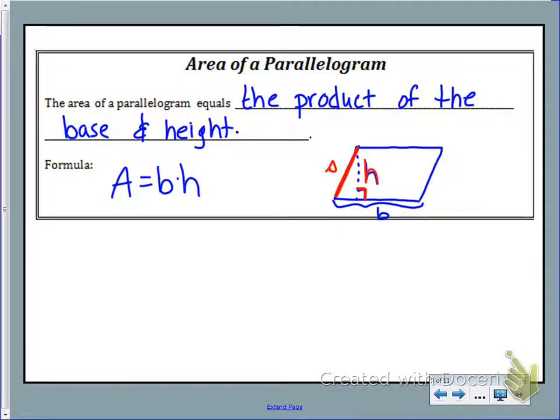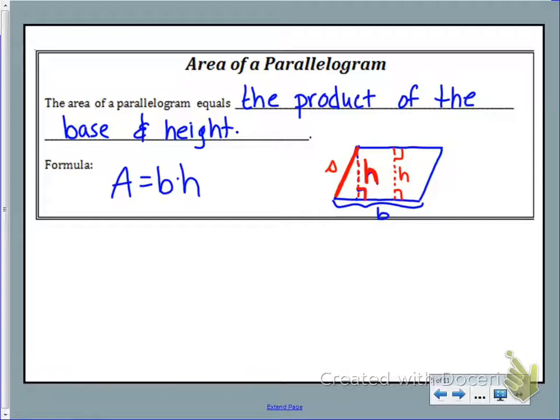That would not work. But we do need to use instead the right angle height. So just keep in mind the height is the perpendicular distance between the bases. So this is one example of a height. Another example would be, for example, right here. That is also a height. It's in a different location, but it's the perpendicular distance between the two bases. We also call that the altitude, so keep that in mind.